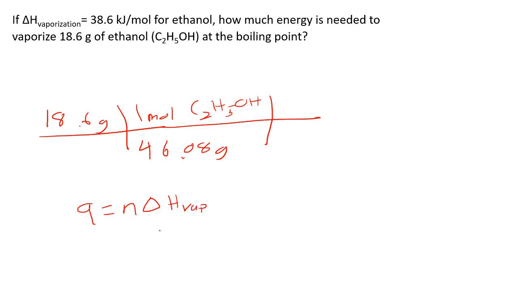Since we're just doing this one step, I like using this as a conversion factor itself, putting that 1 mole equals 38.6 kilojoules. Note that both will give you the answer, but I like doing it this way when it's just a one-step problem. It makes it easier to get through. And when I do the math for that, my grams are going to cancel, and my moles are going to cancel, and I'm going to end up with 15.6 kilojoules.